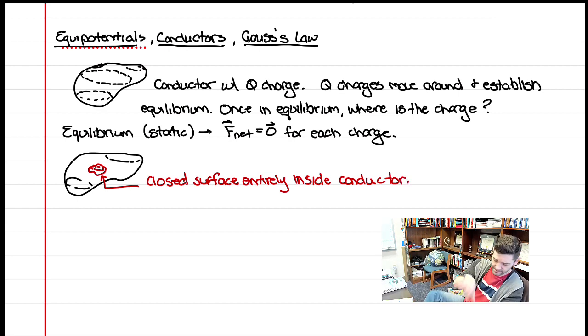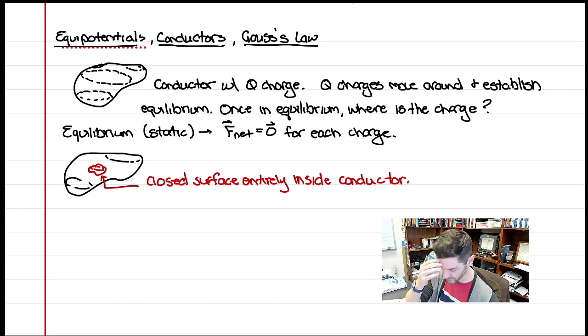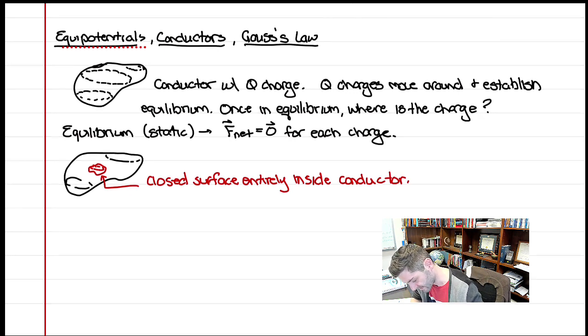It doesn't matter what shape it is. I could draw a little sphere or a little cylinder. I'm drawing some little arbitrary shape that's entirely inside the conductor. It's not piercing through the edges of the conductor, and it's not along the surface of the conductor. So it's entirely inside.